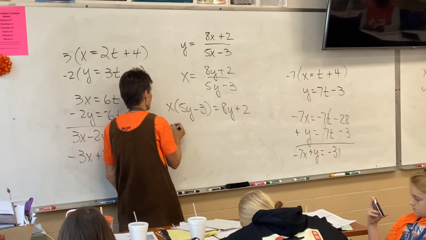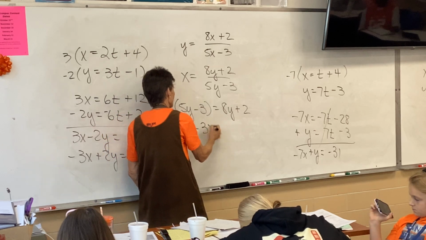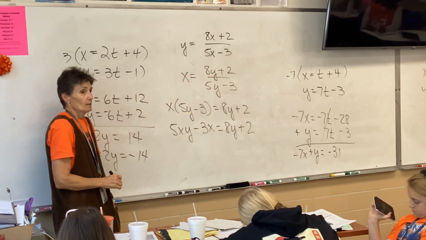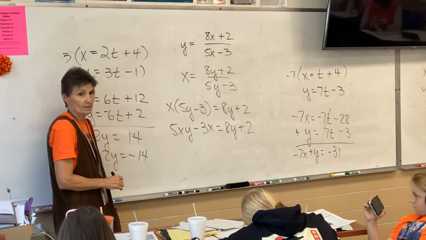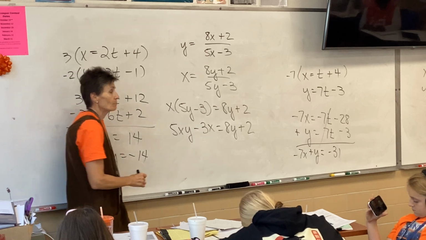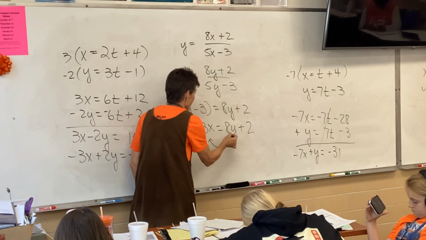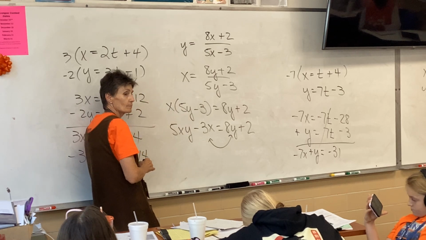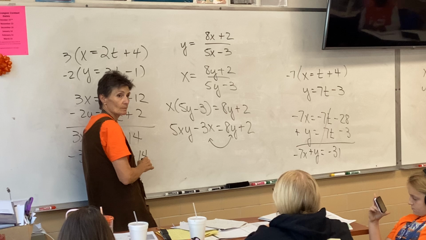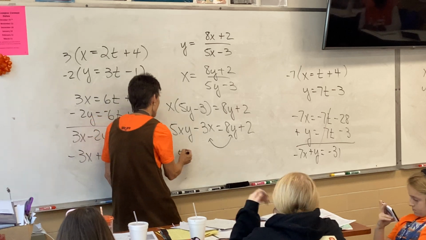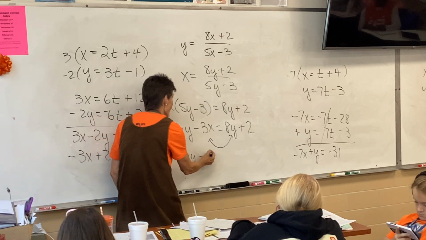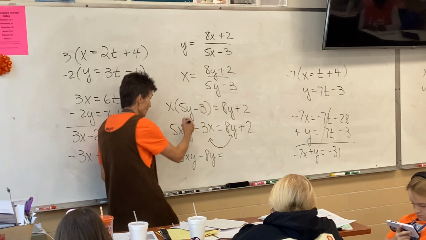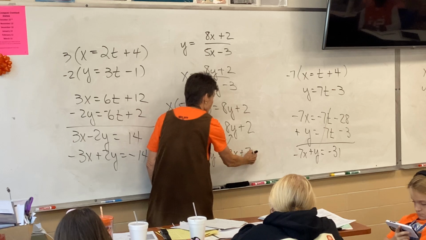I'm showing it because I don't trust my 65-year-old brain. Now what do I do? Flip them. Right? So I'll have 5xy minus 8y equal to 3x plus 2.